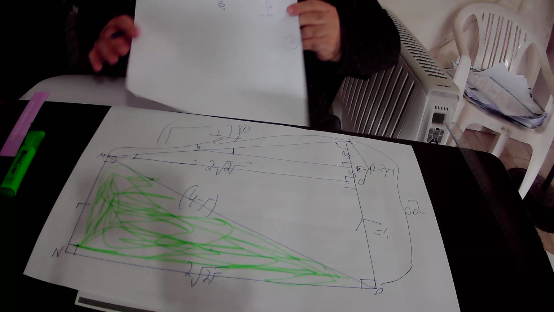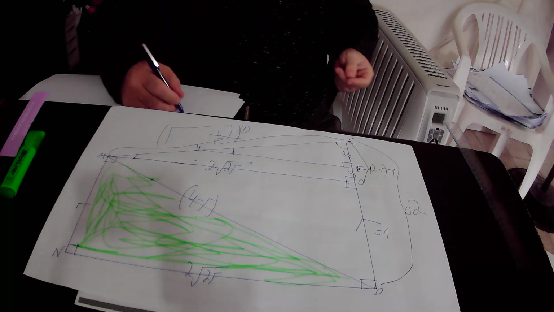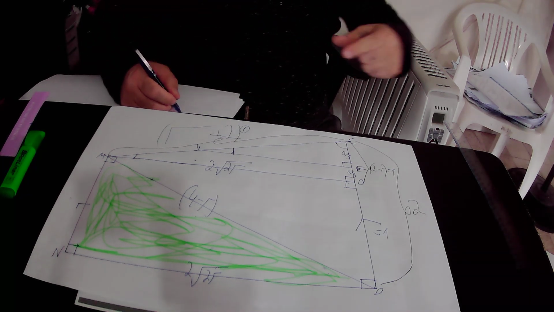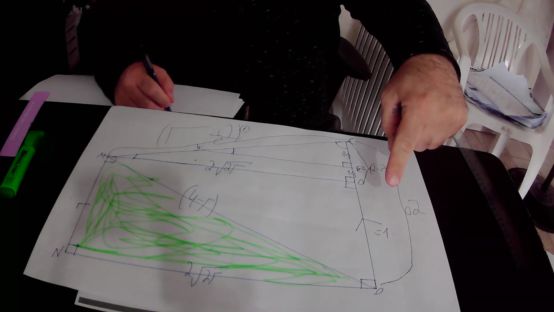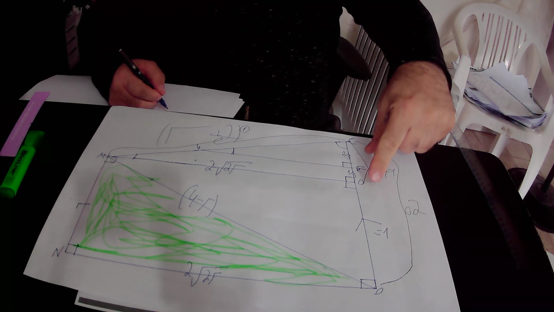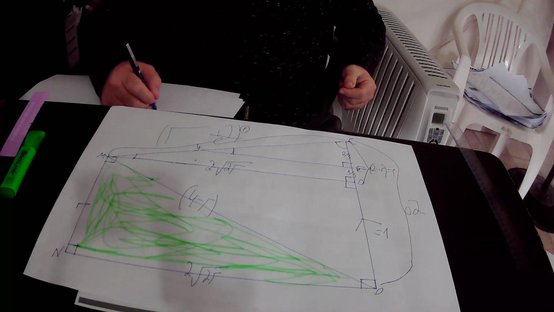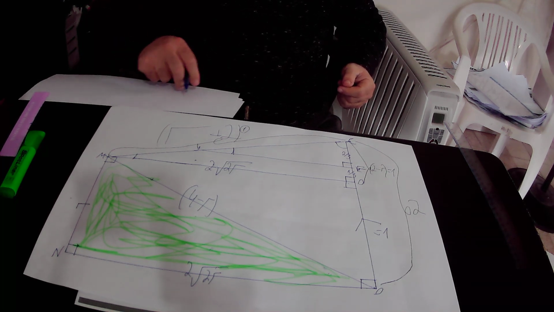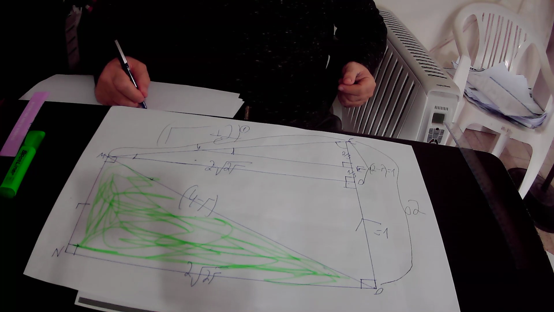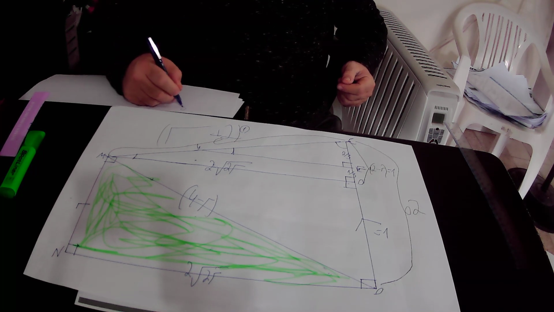That is to say OE equals OD, that is 1, plus DE, that is 1/3. So in total, OE equals 1 plus 1/3. 1 plus 1/3 is 4/3, or OE equals 4/3.